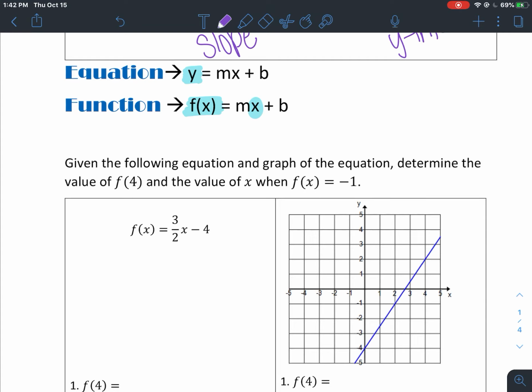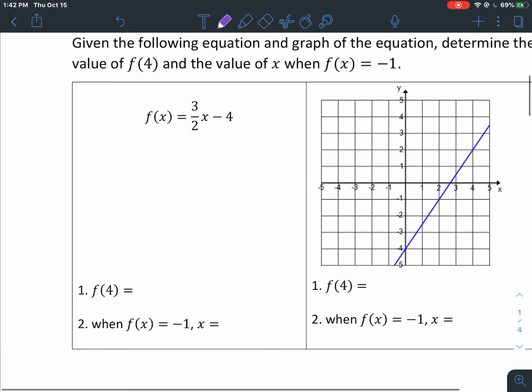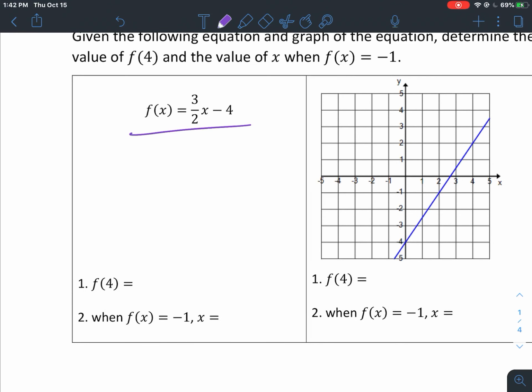Given the following equation, actually it's a function, that's a typo, and the graph of the equation, determine the value of f of 4 and the value of x when f of x equals -1. Here is our equation, and we're going to use it to determine f of 4.